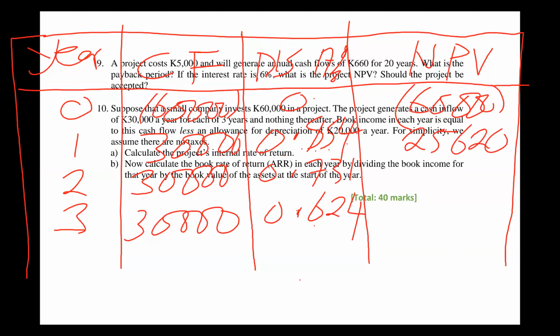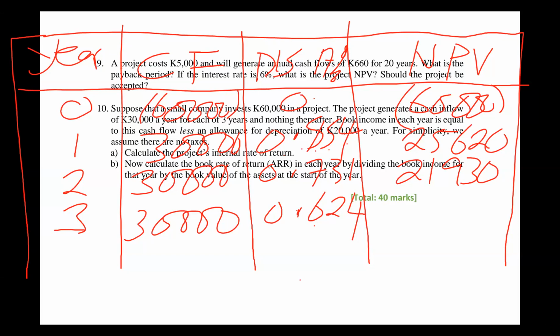It's giving me 21,930. What about the third one? The discounting factor in year 0, is it 0 or 1?